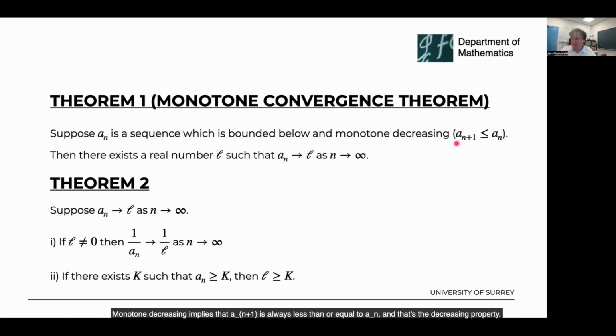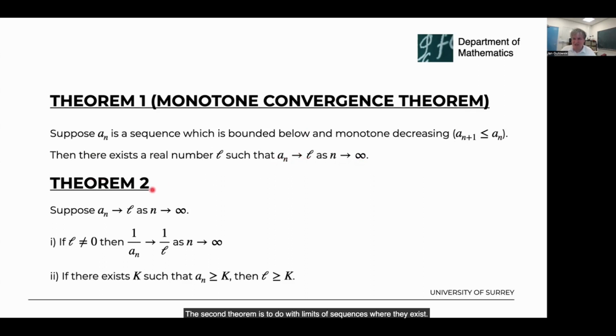Monotone decreasing implies that a_(n+1) is less than or equal to a_n. That's the decreasing property. So if I've got a sequence which satisfies this property here, then there exists a real number L such that a_n tends to L as n goes to infinity. L is then known as the limit of the sequence. So that's the first theorem.